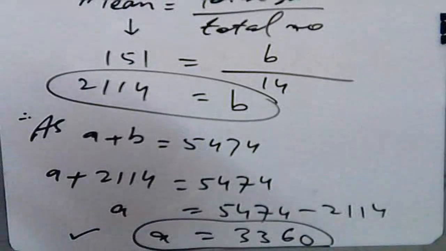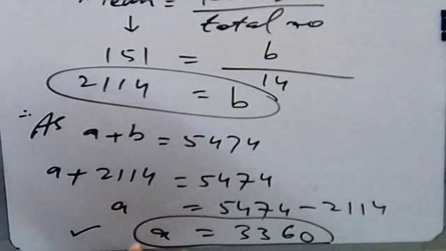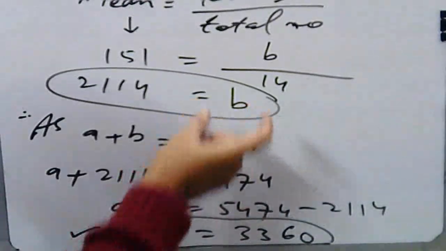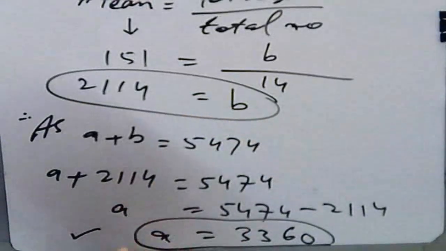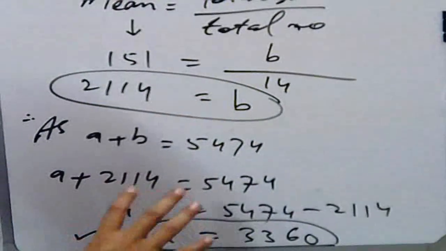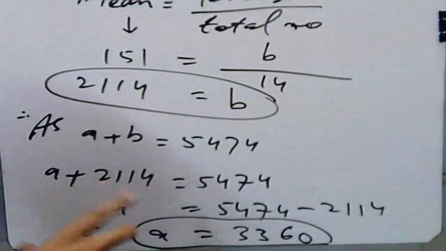B is girls and A is your boys. So we have to find the mean for boys height.